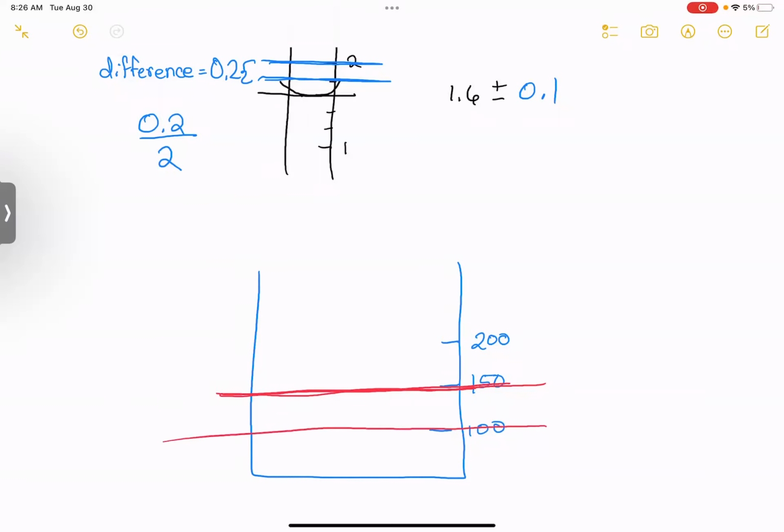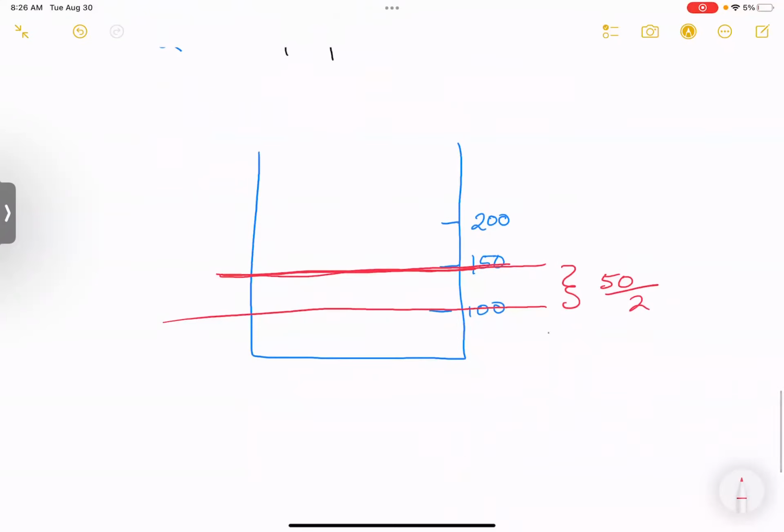You're going to look at two adjacent lines, figure out the difference. The difference is 50 milliliters. You're going to take that and divide by 2. So this would be a plus minus 25. Any questions about how to get the error? Because you're going to be required to get the uncertainty error in lab this week.